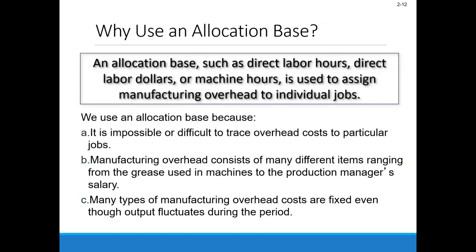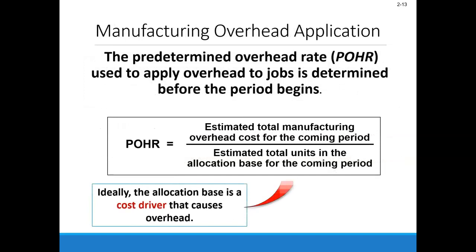Manufacturing overhead consists of many different items, ranging from grease to a production manager to the cafeteria. Many types of manufacturing overhead costs are fixed, even though output can fluctuate during the period. So there's just so much that goes into that. We've got to find a way in which to allocate it.